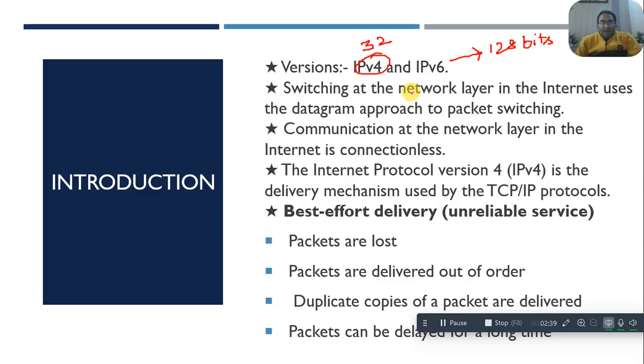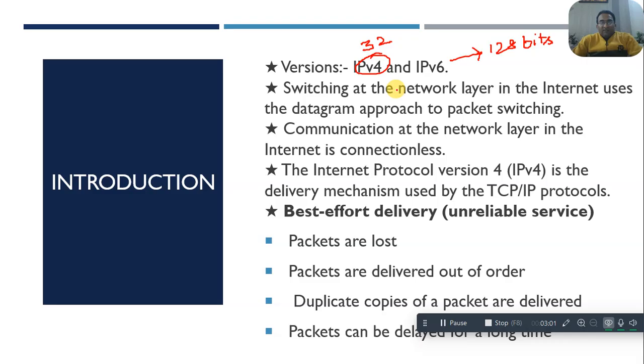Now the Internet Protocol switching at the network layer in the Internet uses the datagram approach to packet switching. So when the data from the upper layers comes to the network layer, the data is converted into packets, and then these packets are transferred to the receiver by choosing different paths from the router.